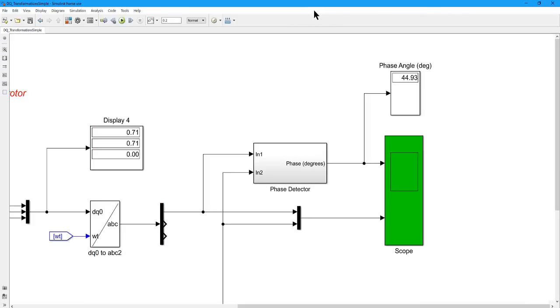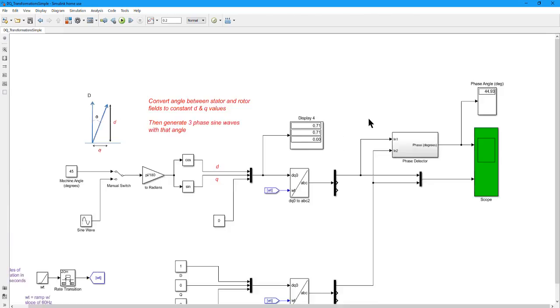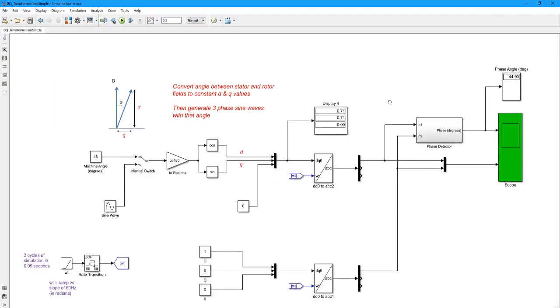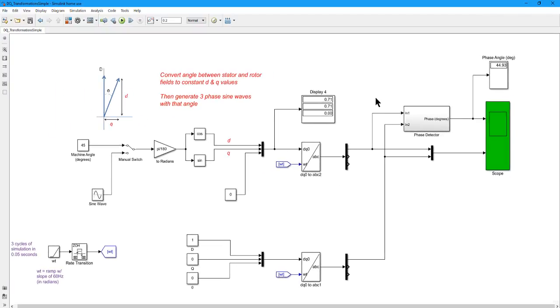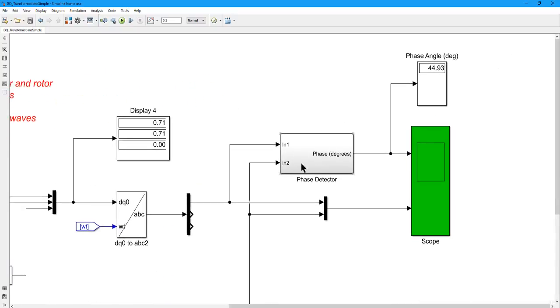So here I've got a circuit that uses an analog phase detector. And this is a circuit we're going to use in our next video, talking about direct and quadrature axis conversion. And at the tail end, we're going to have this phase detector. And you can see right here this block, which is a subsystem I've built, and it's a phase detector.